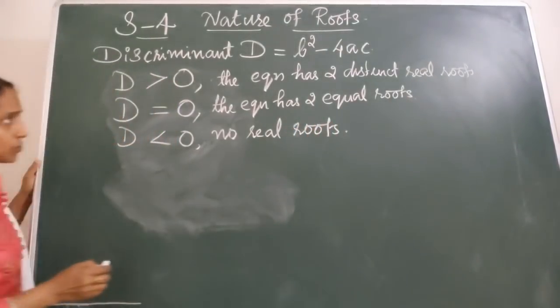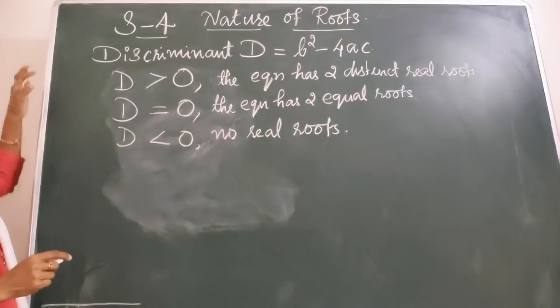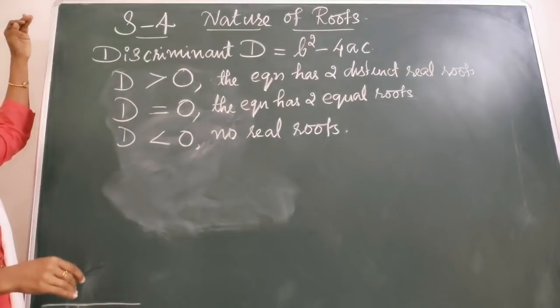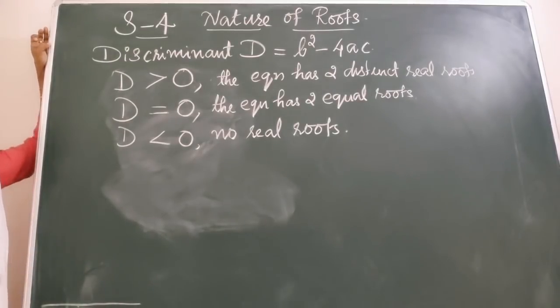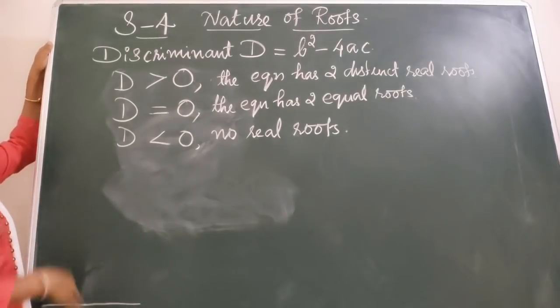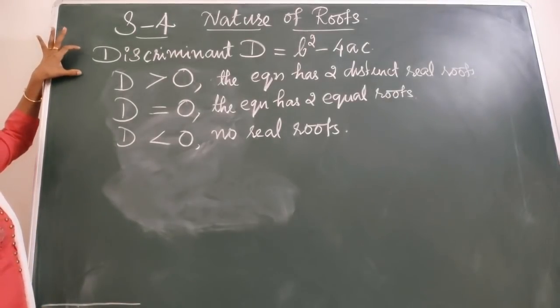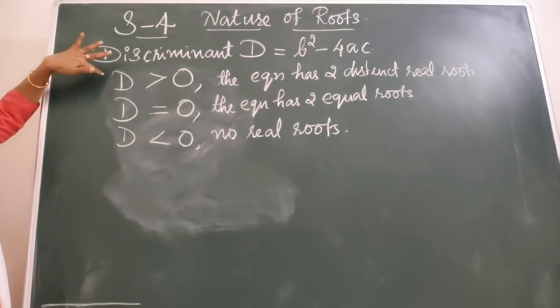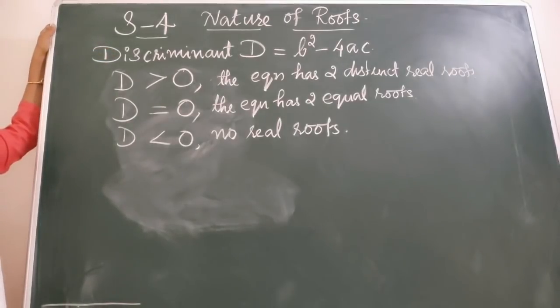Clear? So in the quadratic formula, x equal to minus b plus or minus under root b square minus 4ac, the term b square minus 4ac is known as the discriminant of the quadratic equation, denoted by the capital letter D. As in the last class, we were getting under root 45 in one of the questions.